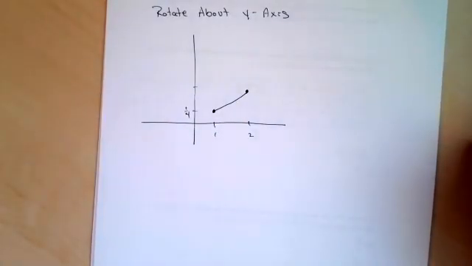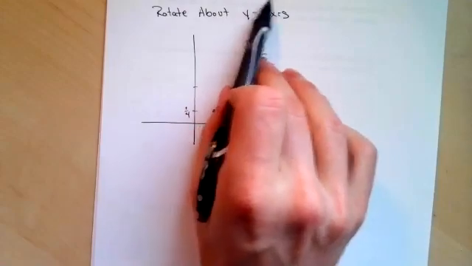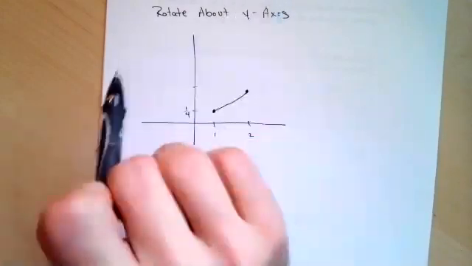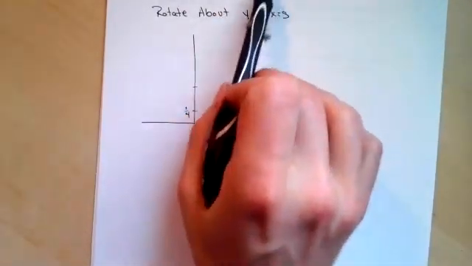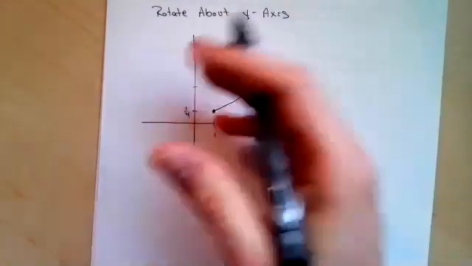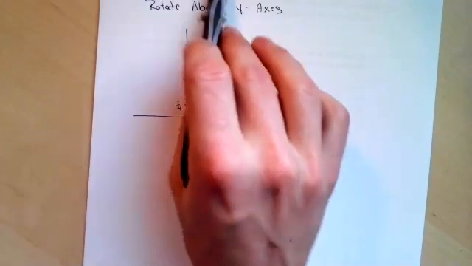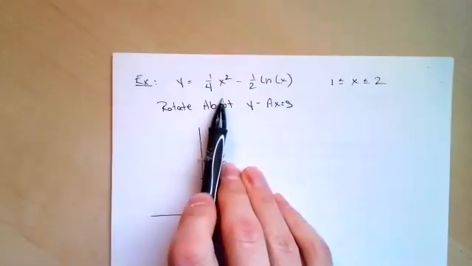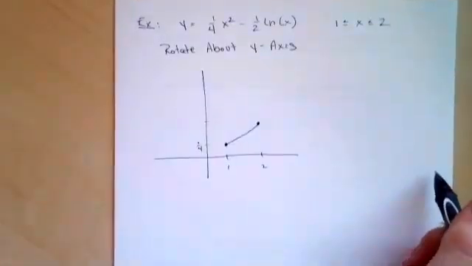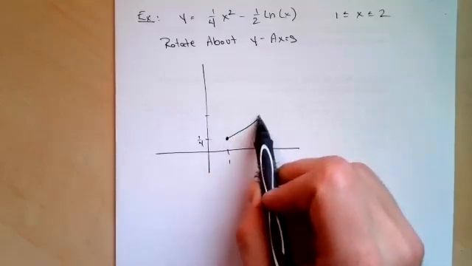It won't grow as steeply as a typical quadratic because we are subtracting off this term. But because this term grows very slowly, we're not going to be subtracting off a lot. So the overall shape is going to be determined by this quadratic part. So it should look something like a concave up curve.